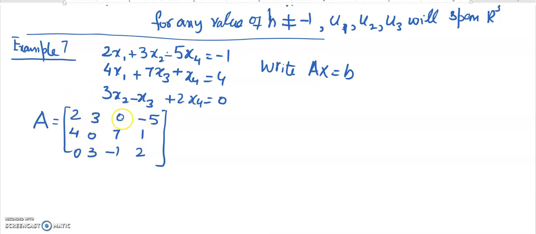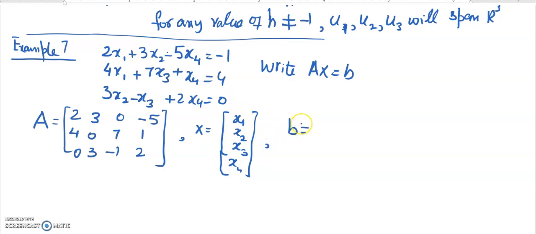Whereas x will be the column vector with x1, x2, x3 and x4, and b will be the vector of constants: -1, 4, 0.